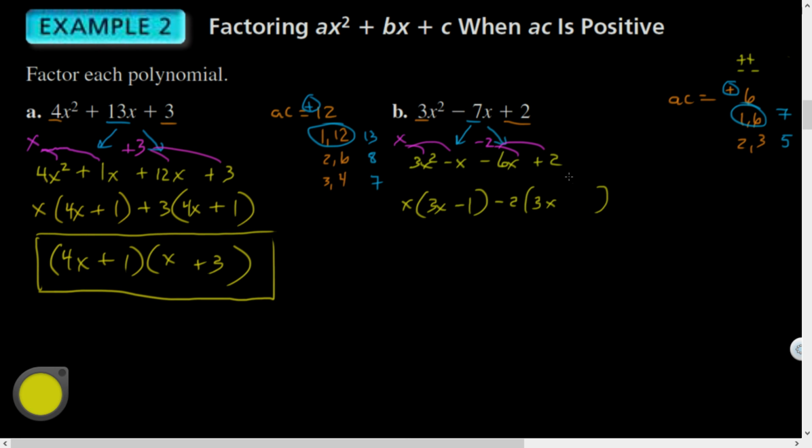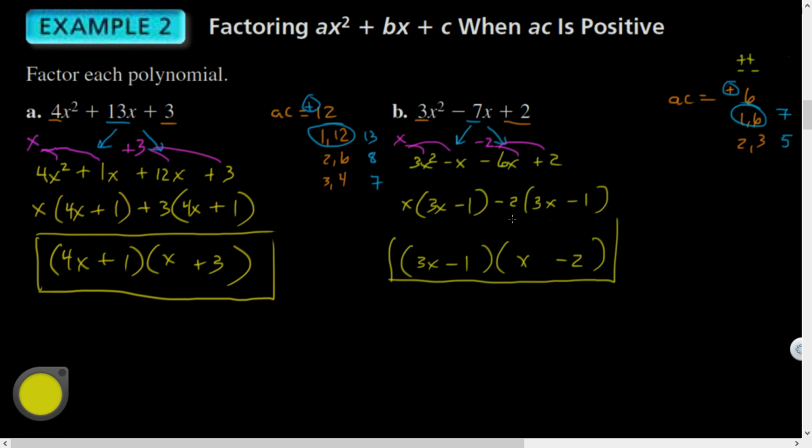And -2 times what would be +2? -1. All right, and now, hey, my two sets of parentheses match. And so in my answer, the last part is write your duplicates in one set, so 3x minus 1, and write your GCFs in the other, x minus 2.